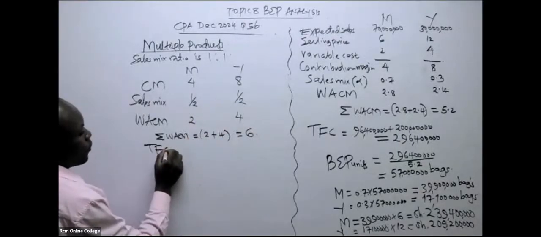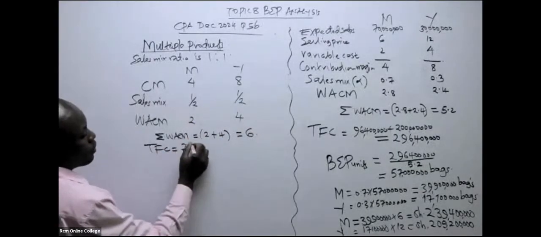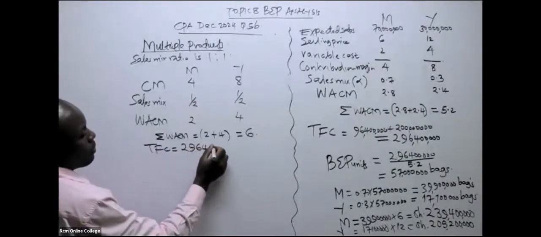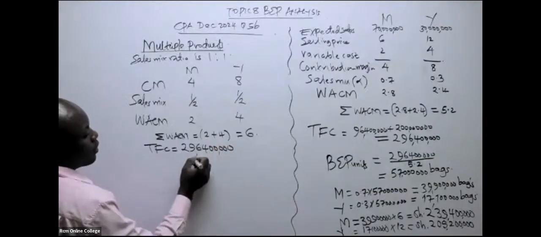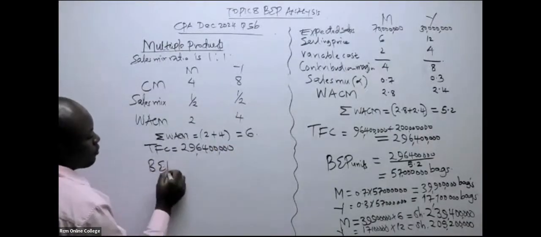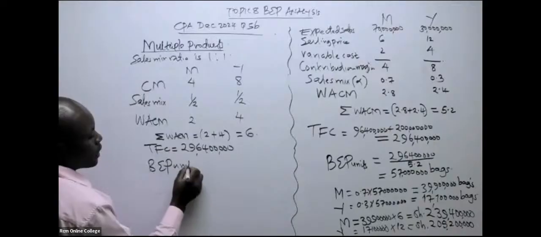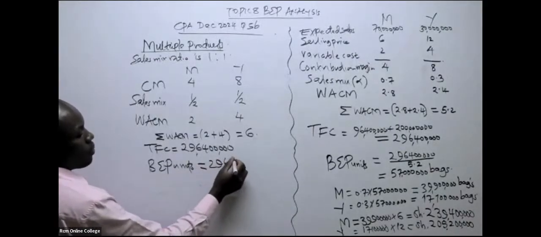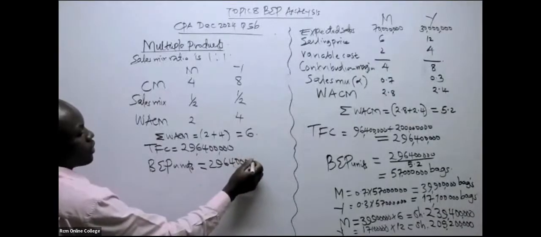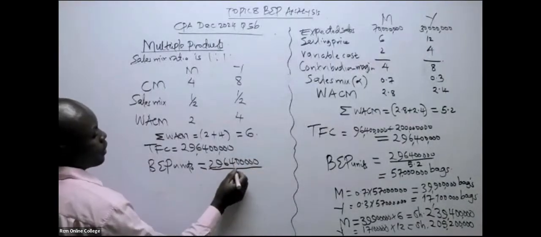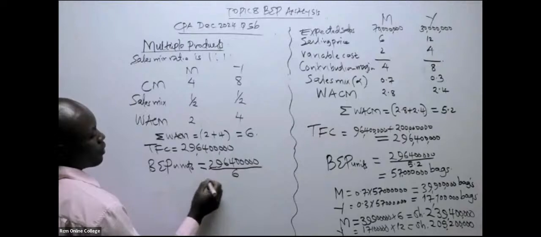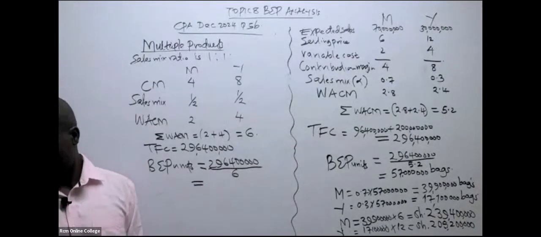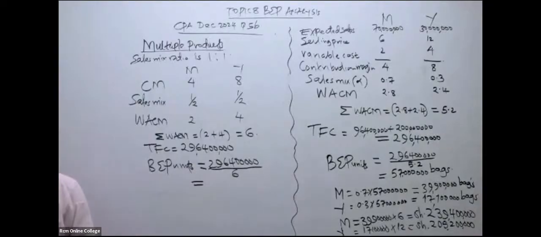Total fixed cost is not affected. It is 296,400,000. What is my break-even point in units? Total fixed cost, 296,400,000 divided by 6. What is my break-even point in units?